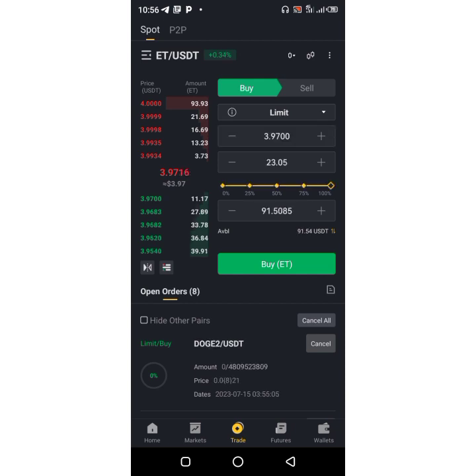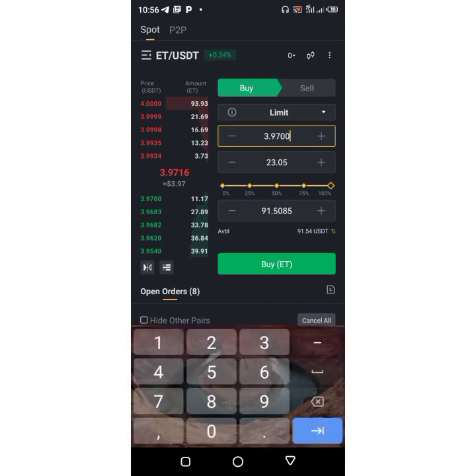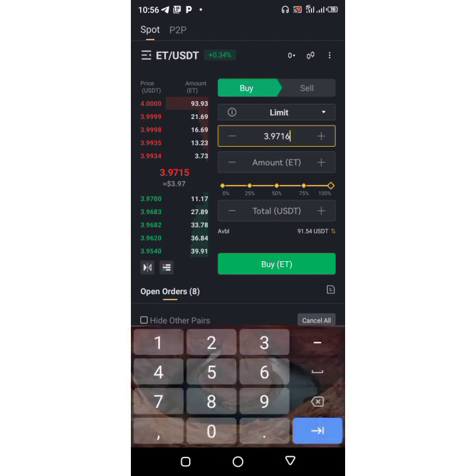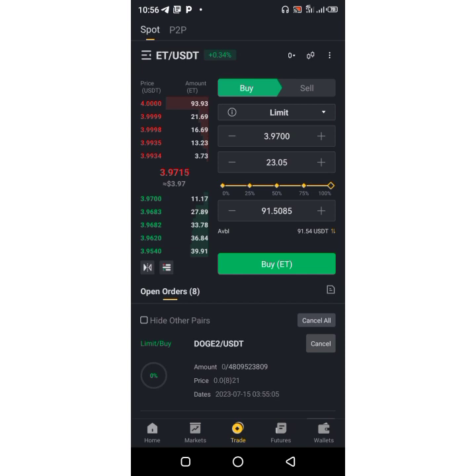If you want to buy ETH now, you can set your desired price. Since we are using limit here, let's say I want to buy at 3.9700. And you will set your range. If you want to use 25% of your money, you can click on 25.